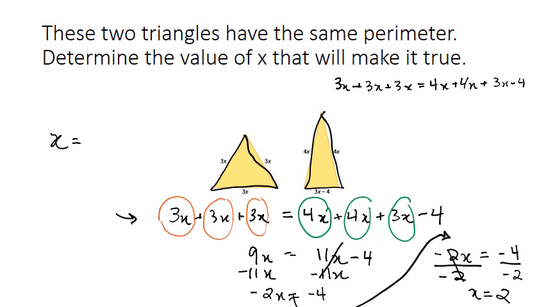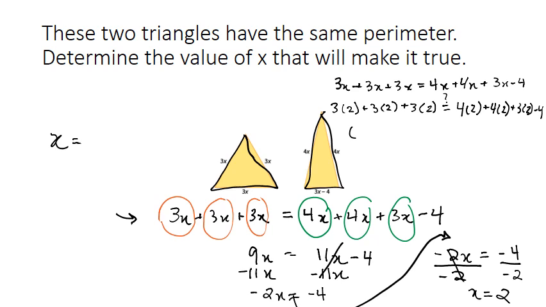All right, if x equals 2, so that would be 3 times 2 plus 3 times 2 plus 3 times 2. Is that equal to 4 times 2 plus 4 times 2 plus 3 times 2 minus 4?